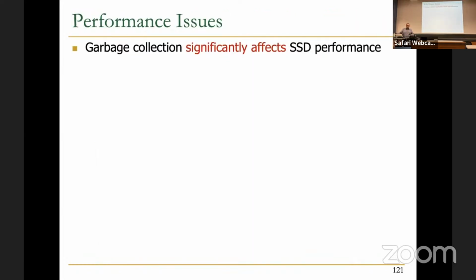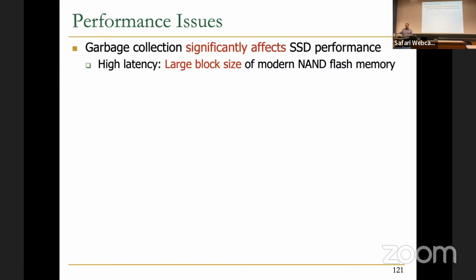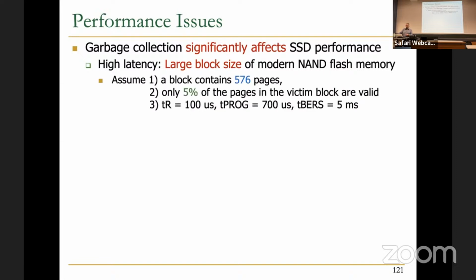So you can now guess that garbage collection has performance issues. We have high latency because of all these copies. Assuming that our block size is usually large, the block can contain, for example, 576 pages in one of the prototype devices. And assuming that only 5% of the pages in the victim block are valid, this is not a significant number, right?